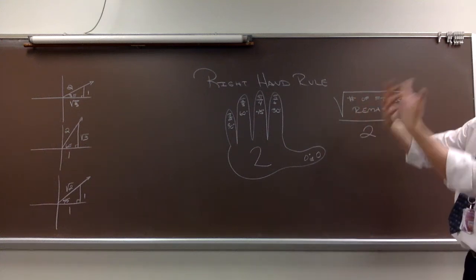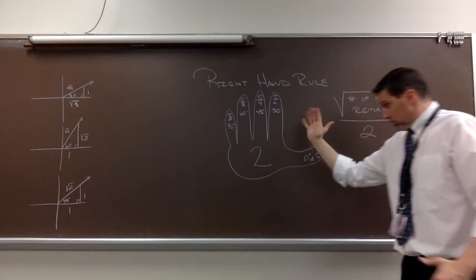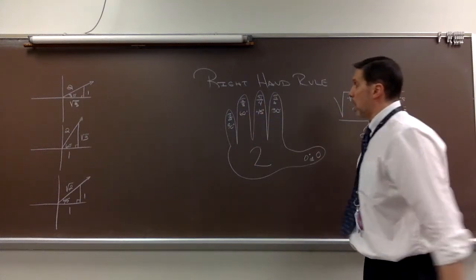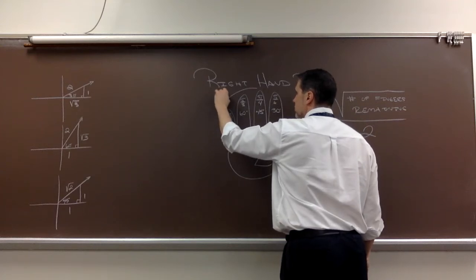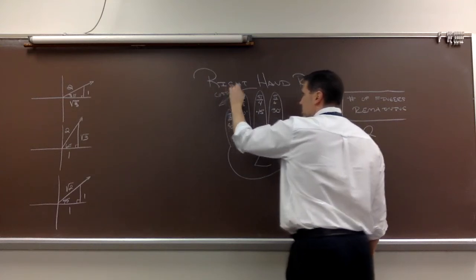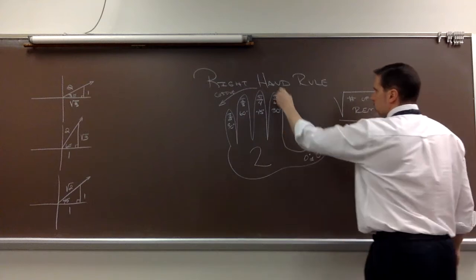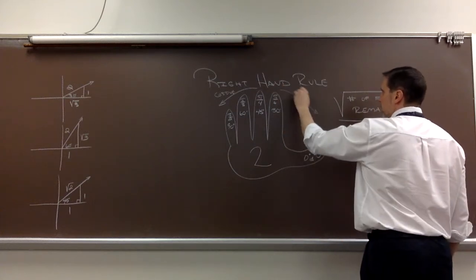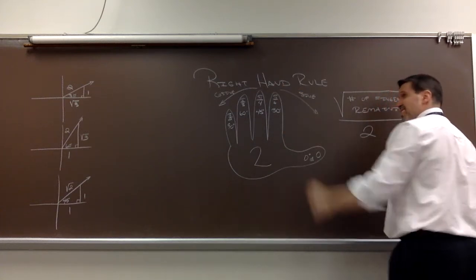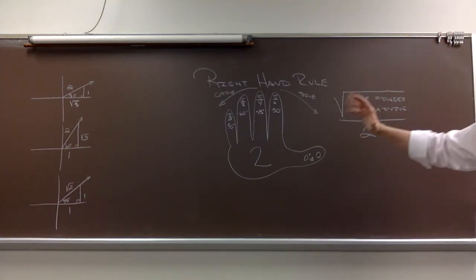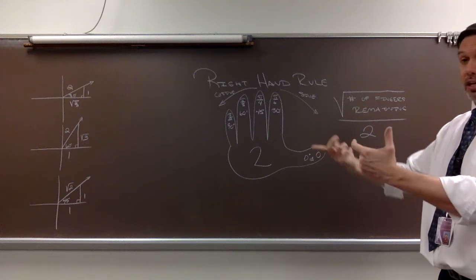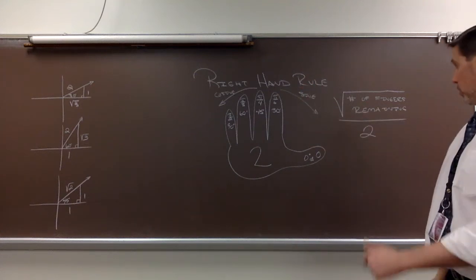Now whether you're doing cosine or sine, it matters. Cosine is always the number of fingers to the left. Sine is always the number of fingers to the right. Can remember that. This is a real easy trick for remembering all your ratios. Sine and cosine. Tangent can be figured again with just sine over cosine.